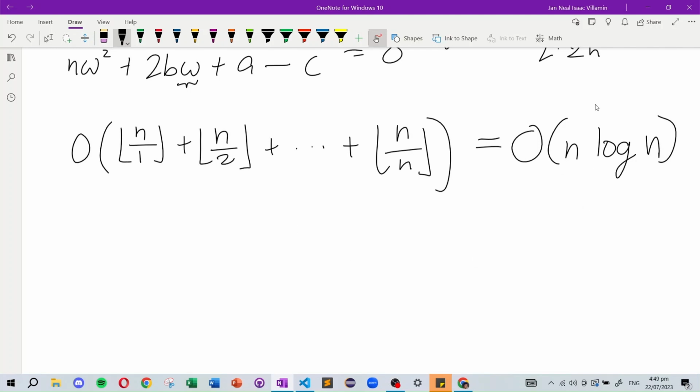I think the reason for this is that this sequence here is greater than this other series. So let's quickly list it down.